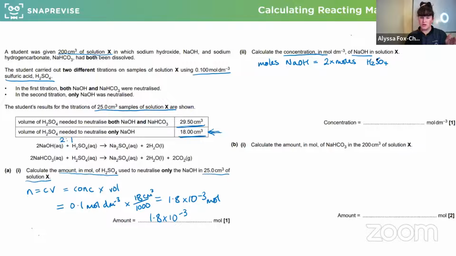So I'm trying to work out my moles of sodium hydroxide, I've got to double my moles of sulfuric acid. That means that moles is 2 times 1.8 times 10 to the minus 3, which is 3.6. I don't want the moles.